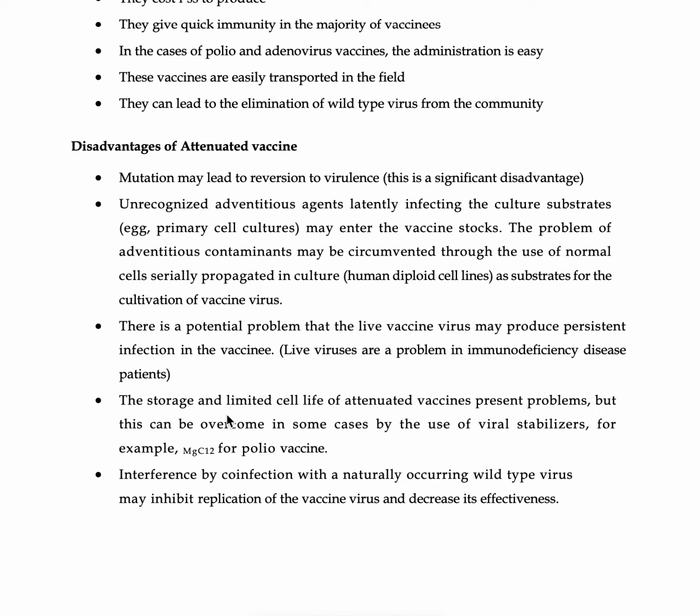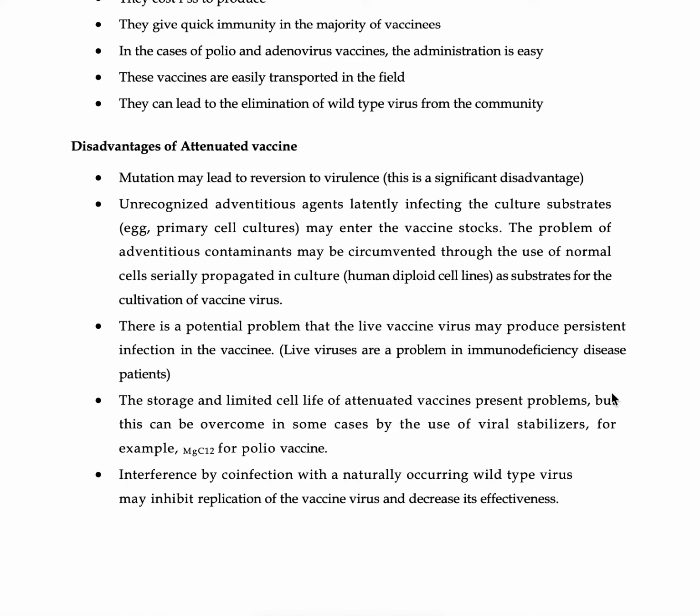And then the storage and limited shelf life of attenuated vaccines present problems. As they are live, we have to store them properly, so it adds some cost and sometimes it may be difficult. And also if the shelf life is low, it will also be a problem, right?